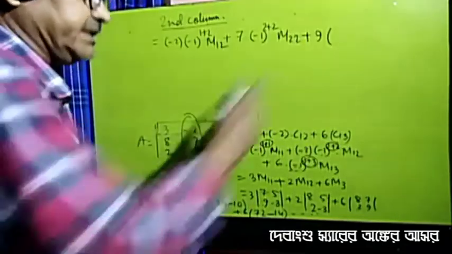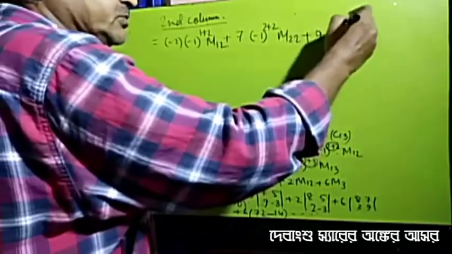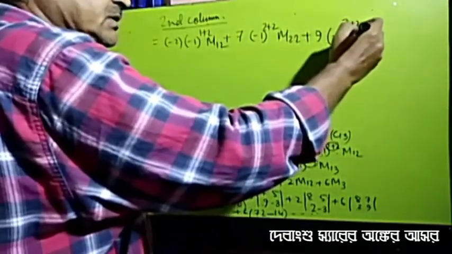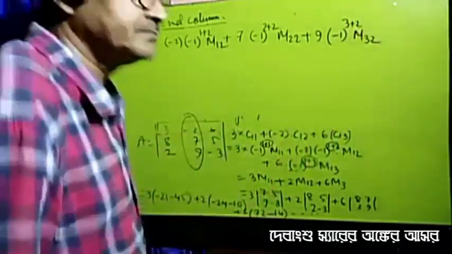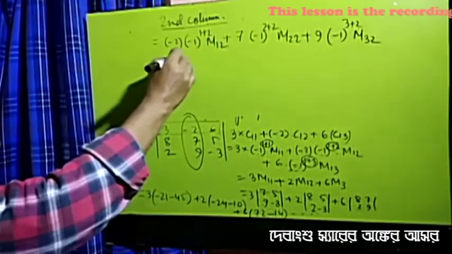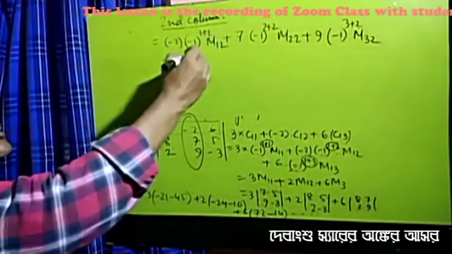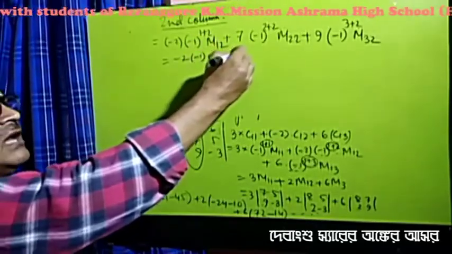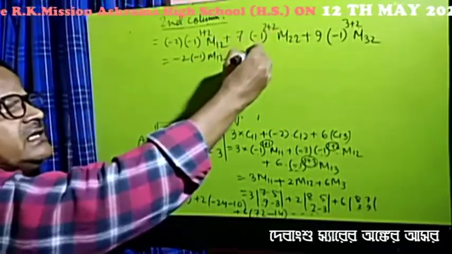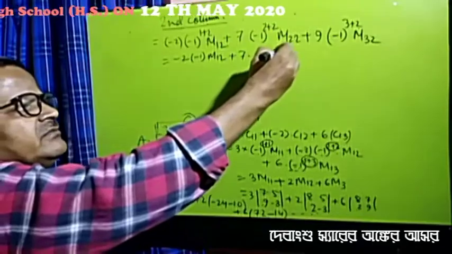Third row, second column. So minus 1 to the power 3 plus 2, M32. So after expanding, it is minus 2. It is minus, again it is minus 1, M12, plus 7. It is even, into 1 into M22.